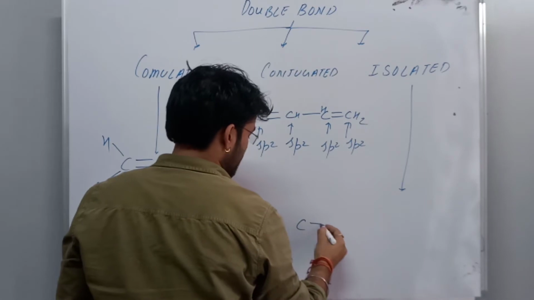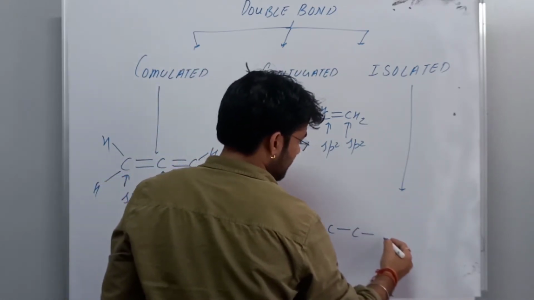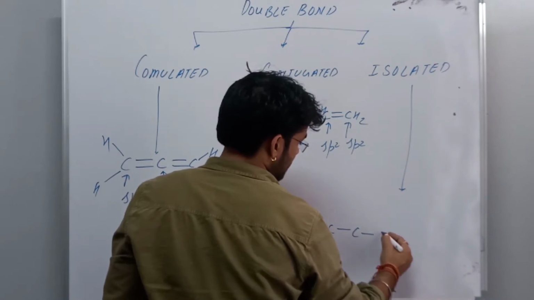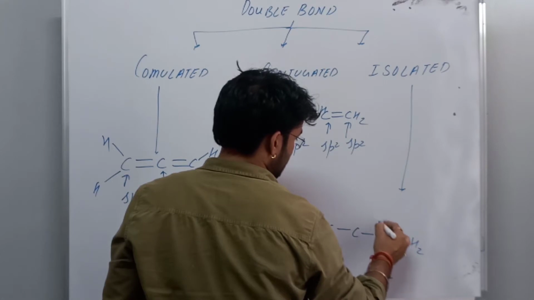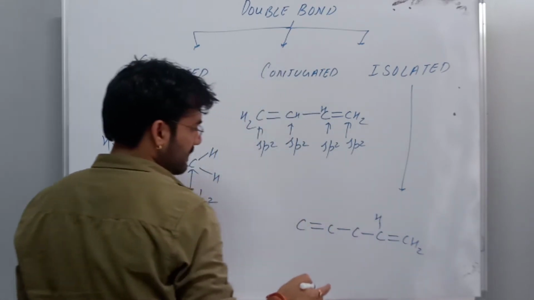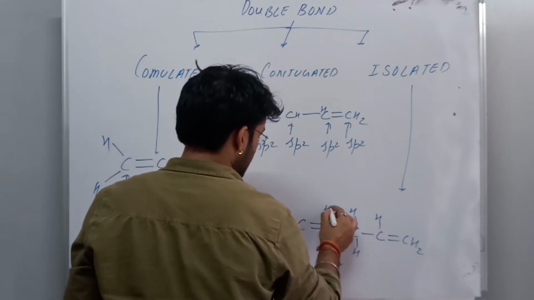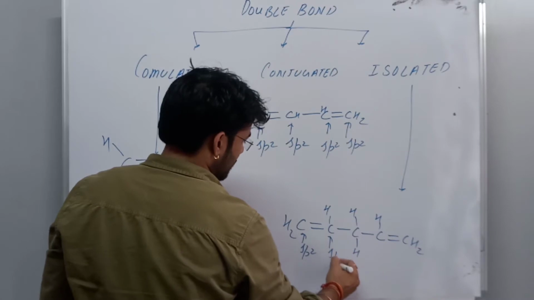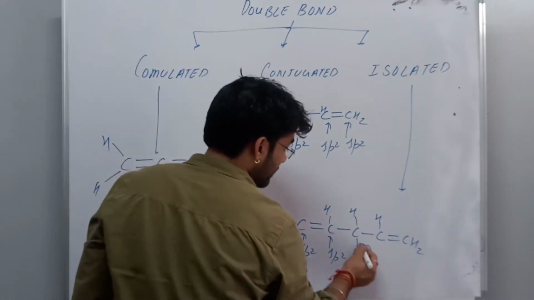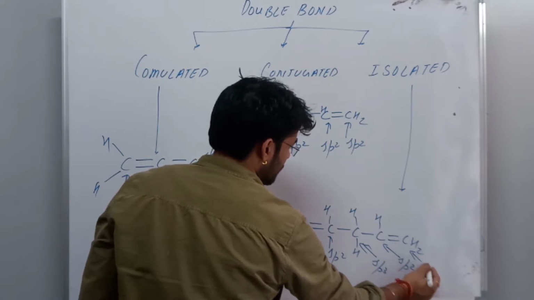So double bond C, single C, single, and C double bond CH2. There is an H and this completes the valency of it. H, H, H and H. This is sp2. This is also sp2. This is sp3. This is sp2 and this is sp2.